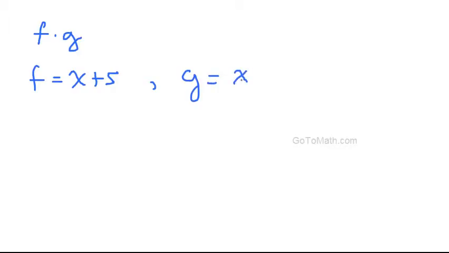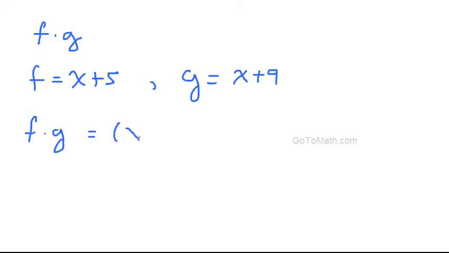So we want to find f times g. Okay. So f is equal to x plus 5 and g is equal to x plus 9, and we want to find f times g.